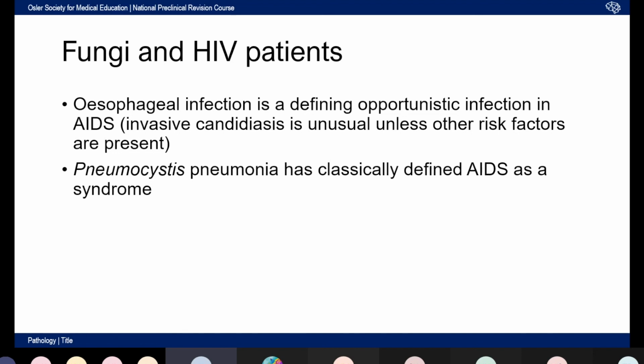And although mucocutaneous candidiasis is common in people with AIDS, invasive candidiasis, the more serious form, is actually unusual unless other risk factors are also present. And Pneumocystis pneumonia has classically defined AIDS as a syndrome, as it tends to occur when an HIV positive individual has progressed to AIDS, so can no longer control this fungus that might be present in their lungs.